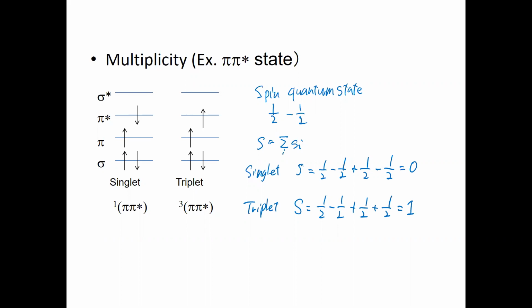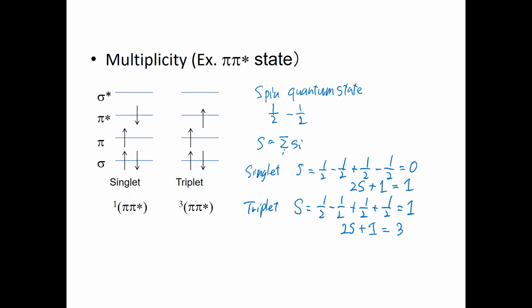Depending on the total quantum number, there are several electron configurations. The number of possible electron configurations is given by 2S plus 1. So in the singlet case, it's 1. In the triplet case, it's 3.